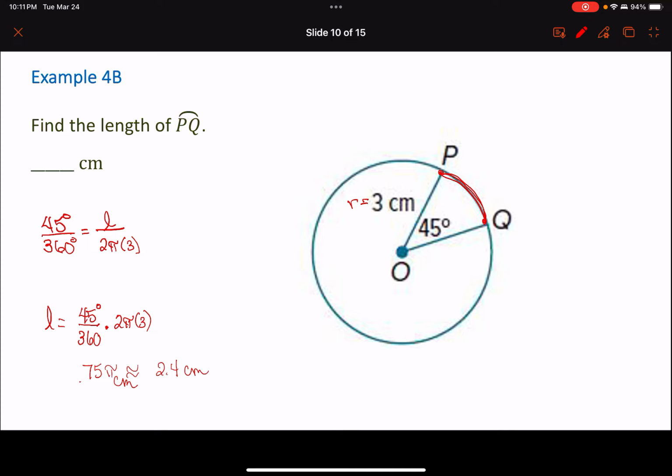A very small portion of the pi and a very small radius is going to give us a very small arc length.